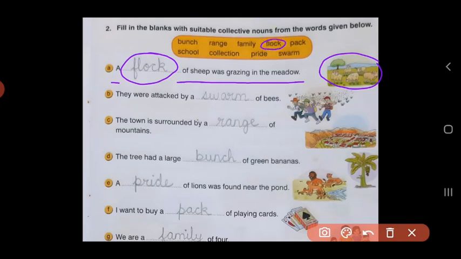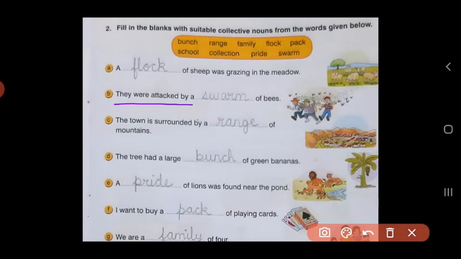So we call them a flock of sheep. B. They were attacked by a dash of bees. Honeybees, when they attack in a group, we call it a swarm of bees.